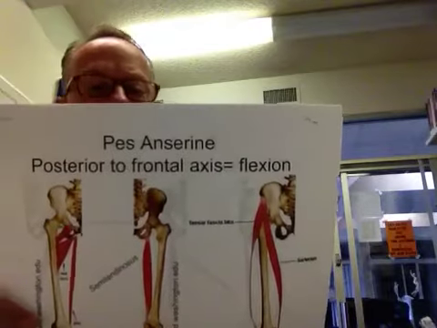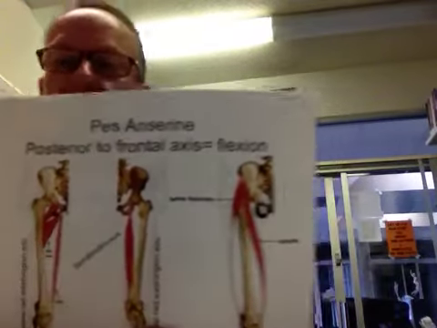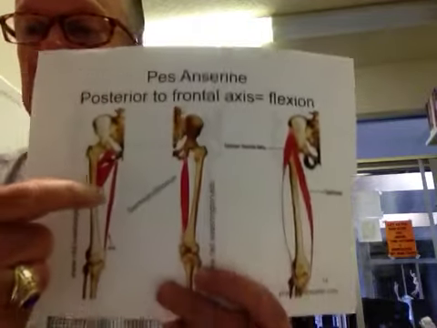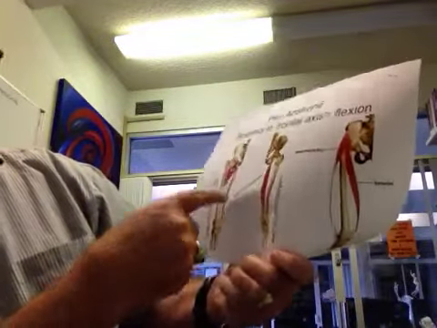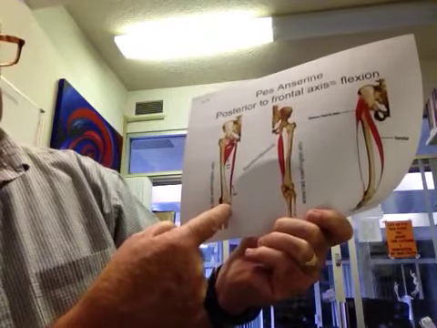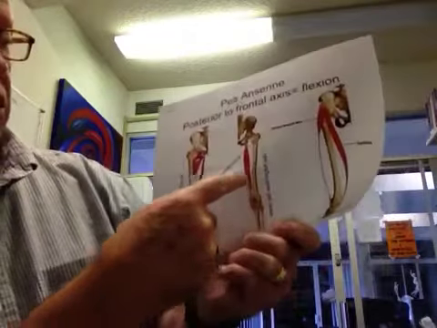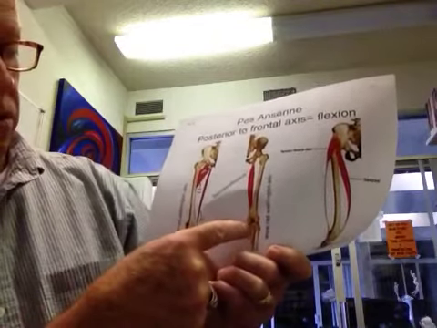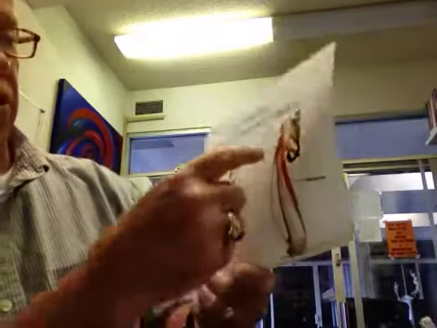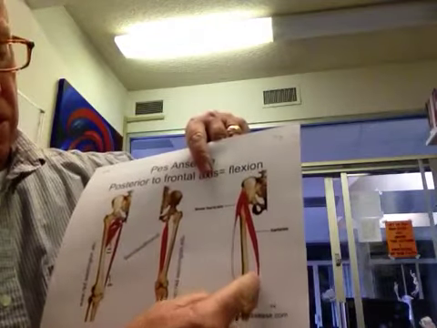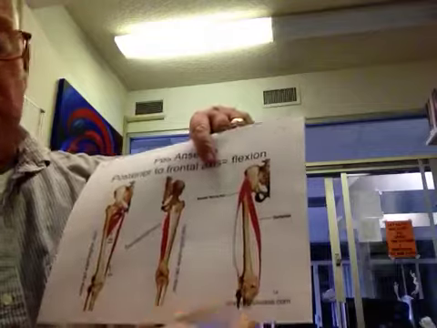And then the pes anserine are the three muscles: the gracilis, from the pubis to the anterior tibia; the semitendinosus, from the ischial tuberosity to the anterior flare; and then the sartorius, the longest muscle in the body, from the ASIS all the way lateral to the pes anserine.